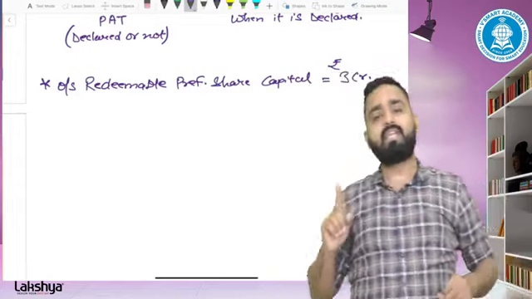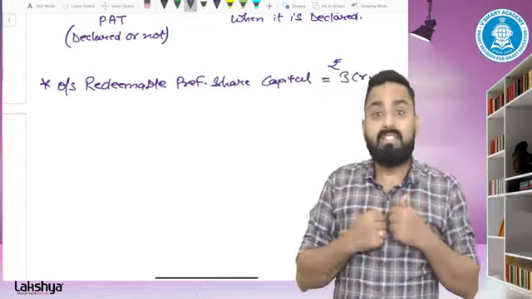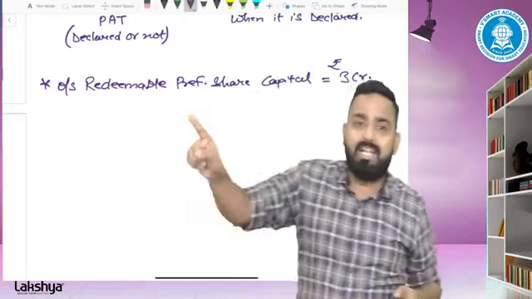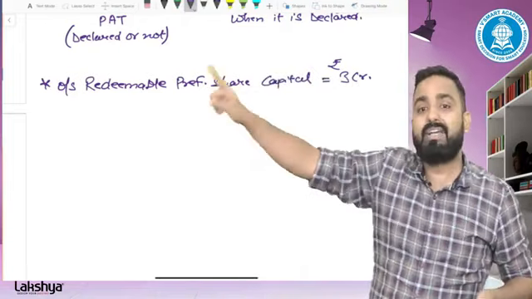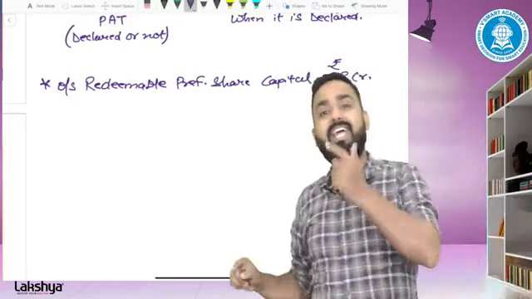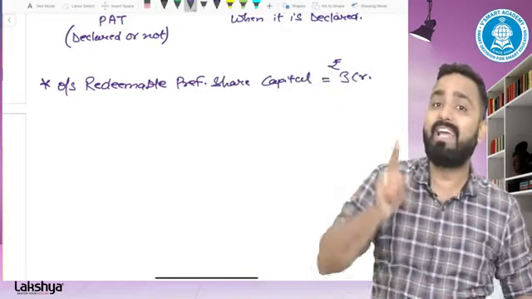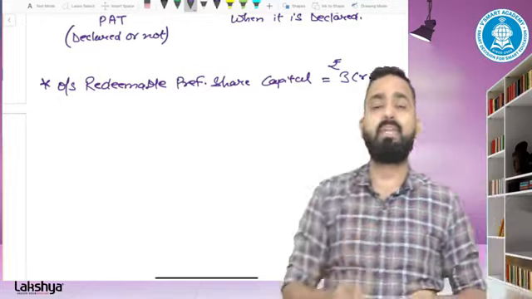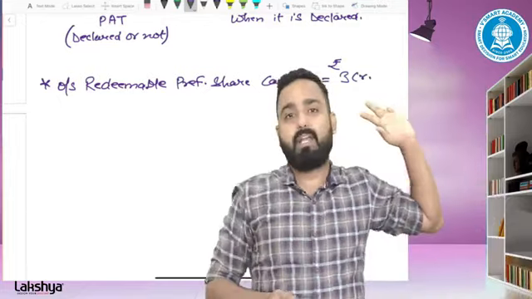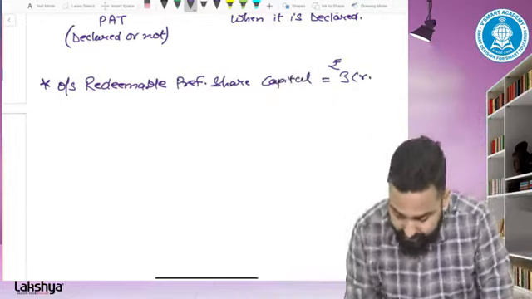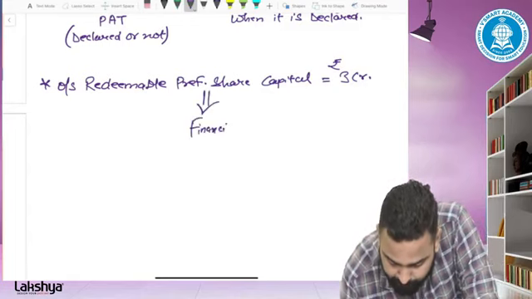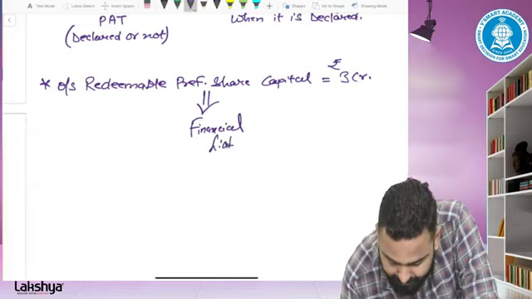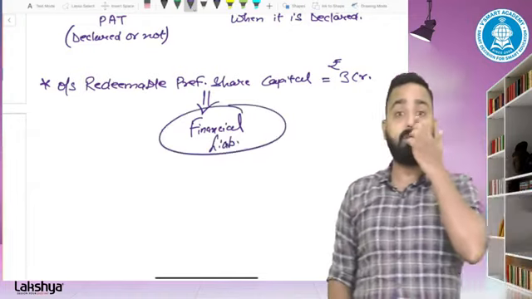Ind AS 109 says if the company is obliged to settle the instrument in cash, then such an instrument will be treated as a financial liability, not equity capital.